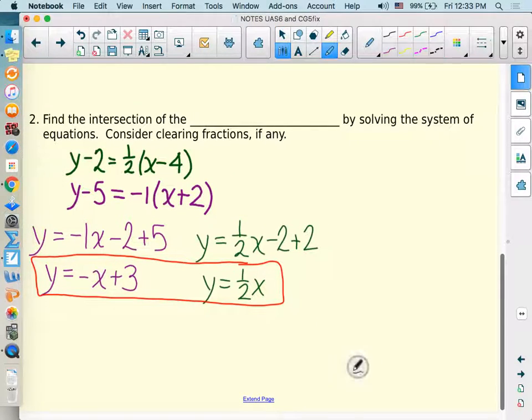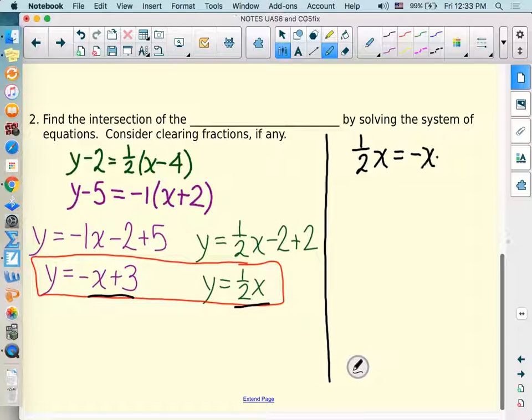So my final task then in finding that circumcenter will be to take those two equations. I'm going to solve by substitution, so instead of y equals -x plus 3, I'm going to say that 1/2 x needs to equal this. There's a little transitive property in action, a little substitution, if you want to think about it that way. So there's the equation I need to solve to find the x coordinate where they intersect.